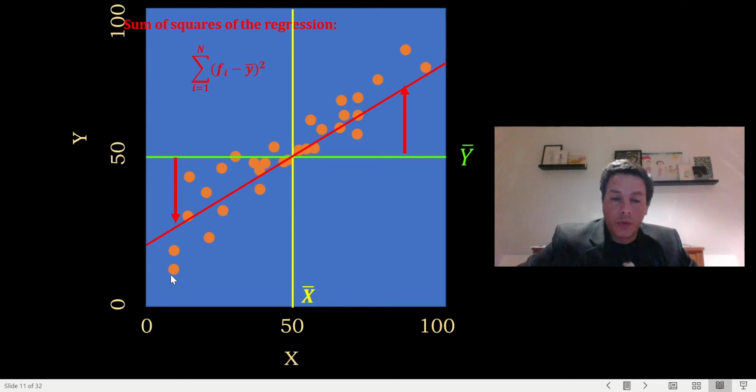For each of these observations, which has an x value, we calculate the difference between the mean of y and the value predicted by the regression. That's what is shown here. Then we calculate the square of that distance, to get rid of negative signs, and then we sum all these values. So that's the sum of squares of the regression.